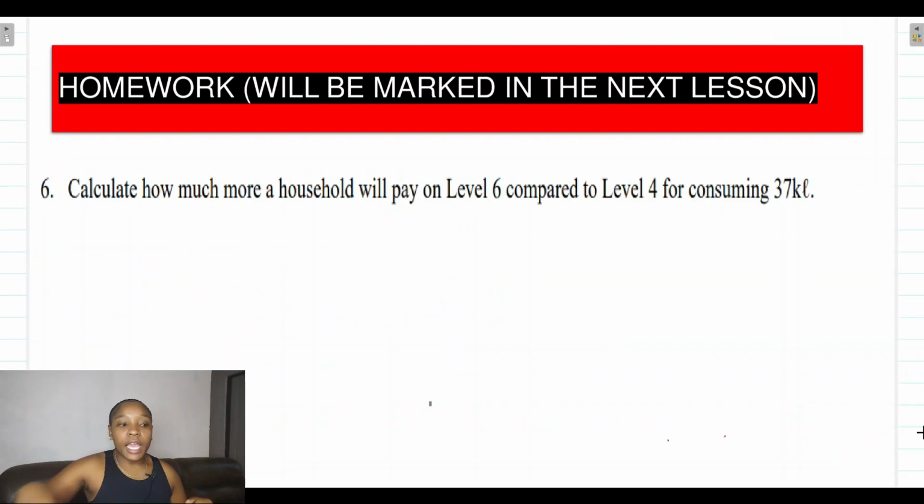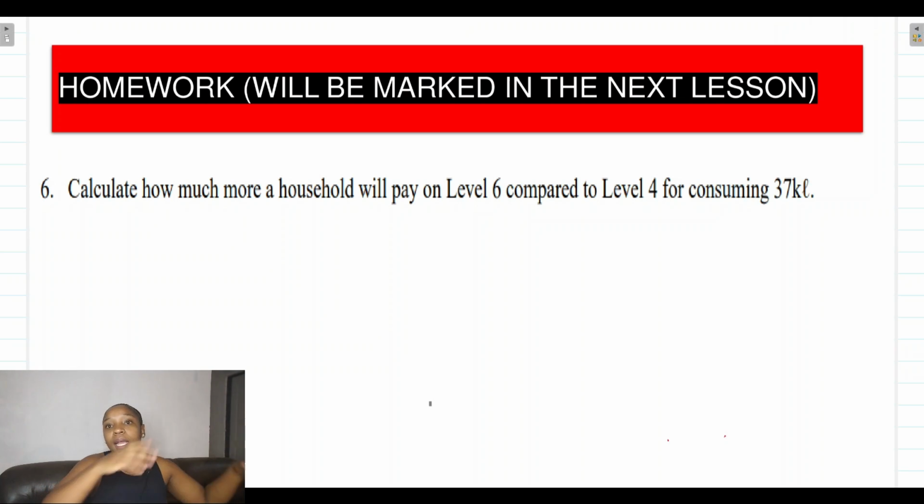All right. For homework, guys, I'm going to give you question number 6 to do, right? It says calculate how much more a household will pay on level 6 compared to level 4 for consuming 37 kiloliters of water, right?